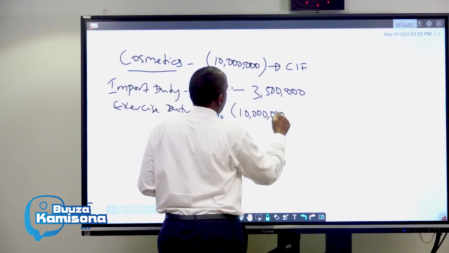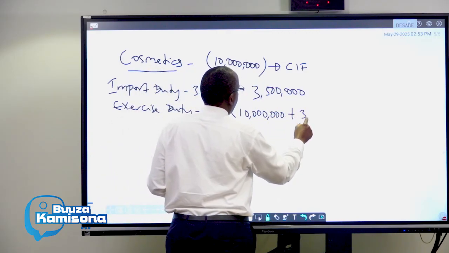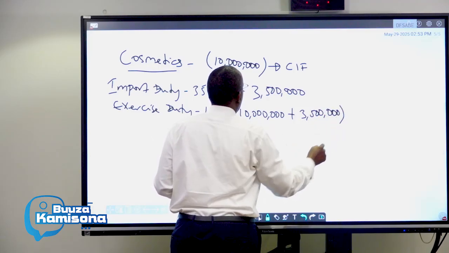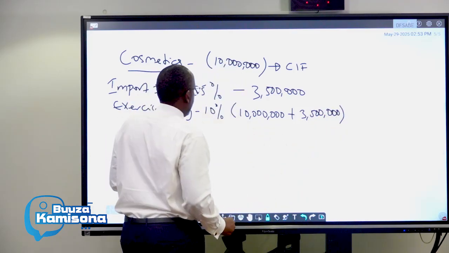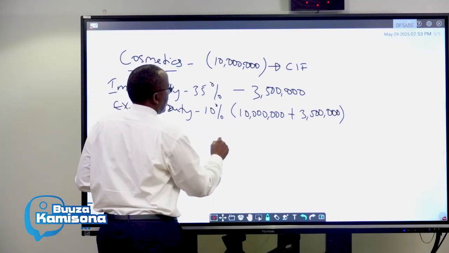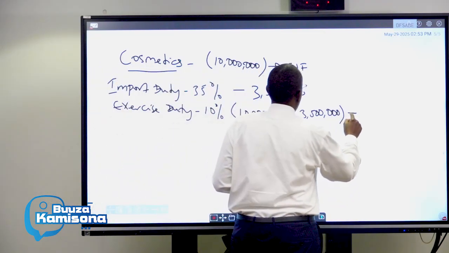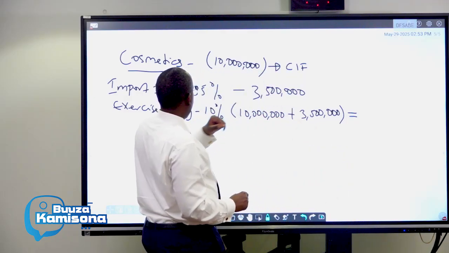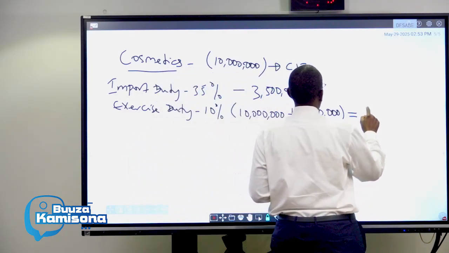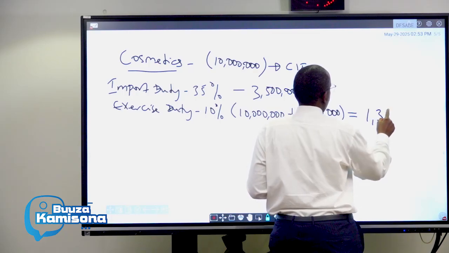So the CIF plus 3.5, which we've just added on as import duty. Therefore, 10% of these two, which is 13.5, will be 1.35.